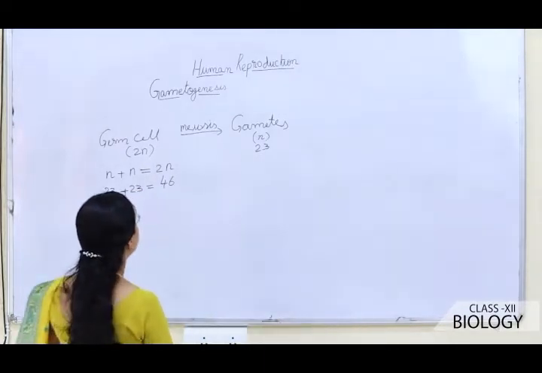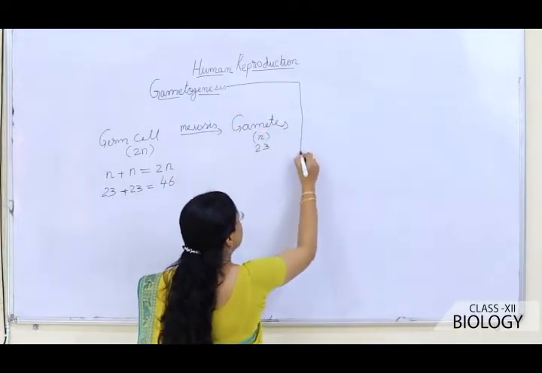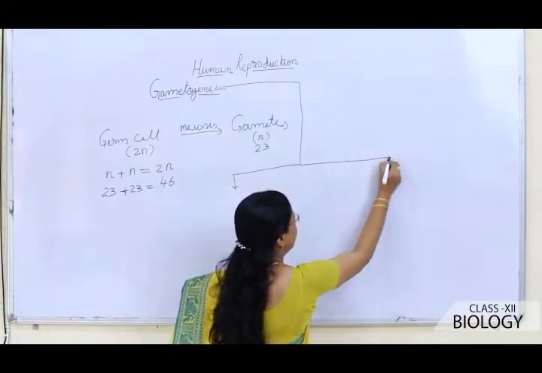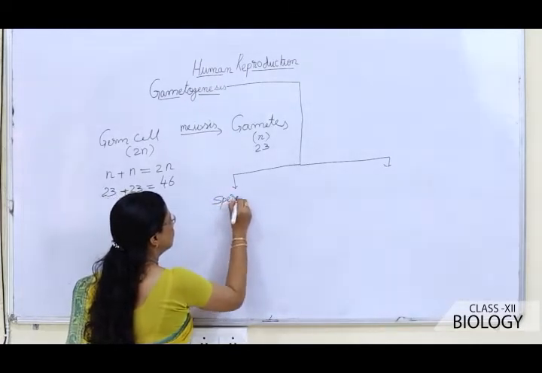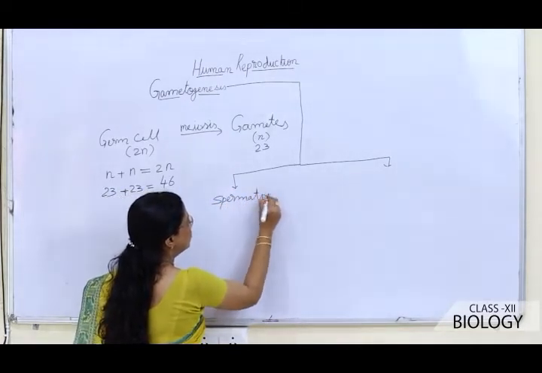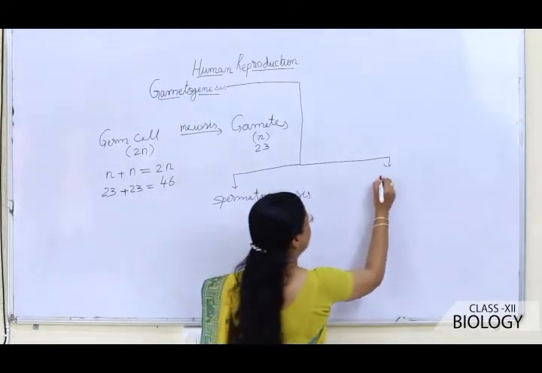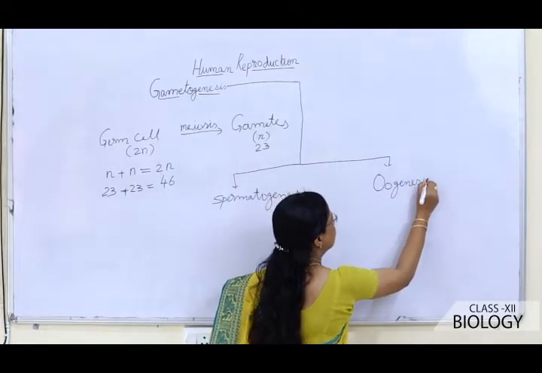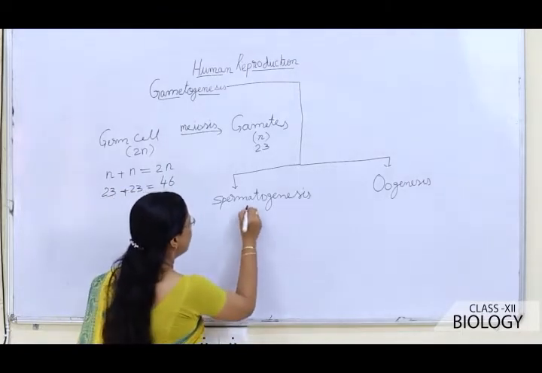Let us see what are the types of gametogenesis. We can divide gametogenesis into two, that is spermatogenesis and oogenesis. So what is spermatogenesis?